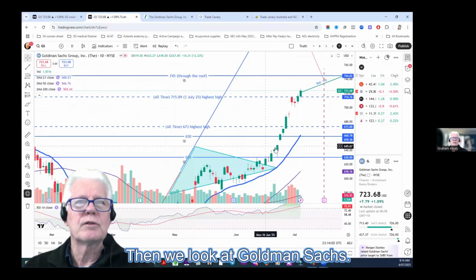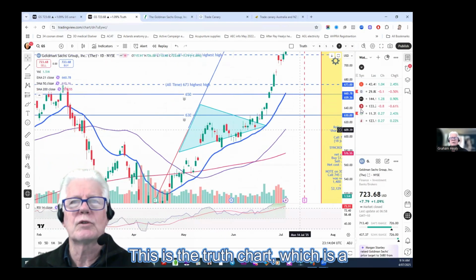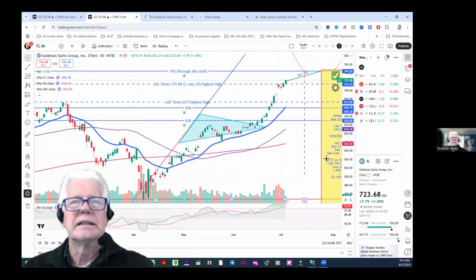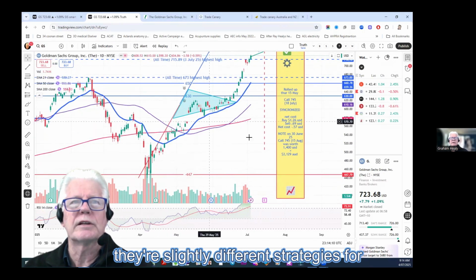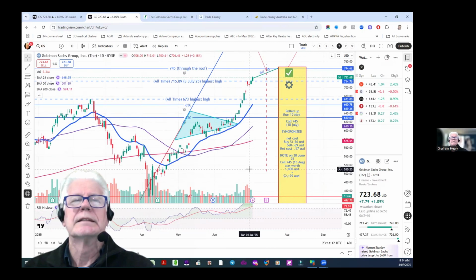Then we look at Goldman Sachs. This is a truth chart, which is a slightly different, they're the same charts, but they're slightly different strategies for looking at it.